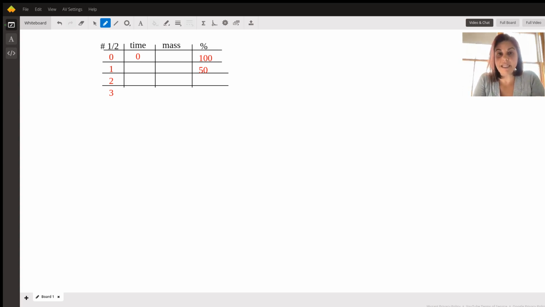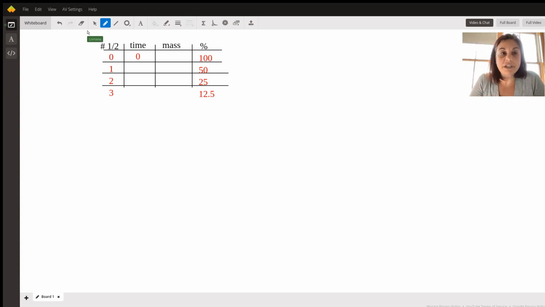So half of 50 is 25. What's half of 25? Because every time it goes down by half, 12.5. Okay, so the percentages can continue on for as many half lives as we have. And in this example, maybe we need more, maybe we don't, but this is where we're going to stop.